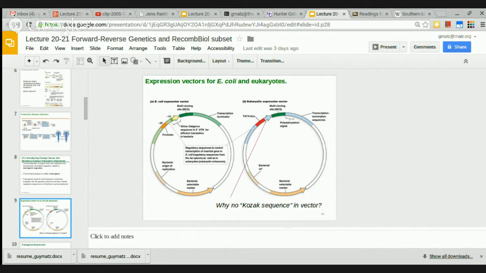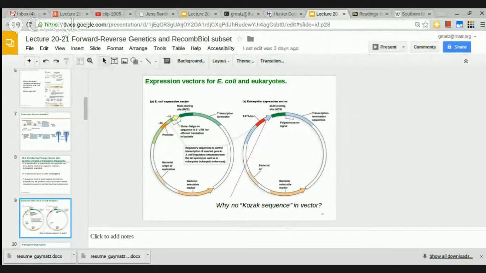The regulatory sequences needed for expression of a gene of any kind in bacterial cells are very different from the regulatory sequences that you need here. And I think we already talked about the Shine-Dalgarno and the fact that you need to have the Shine-Dalgarno in your vector here because it lies upstream of the AUG. It's defining the next AUG as being the one the ribosome should start translating from.